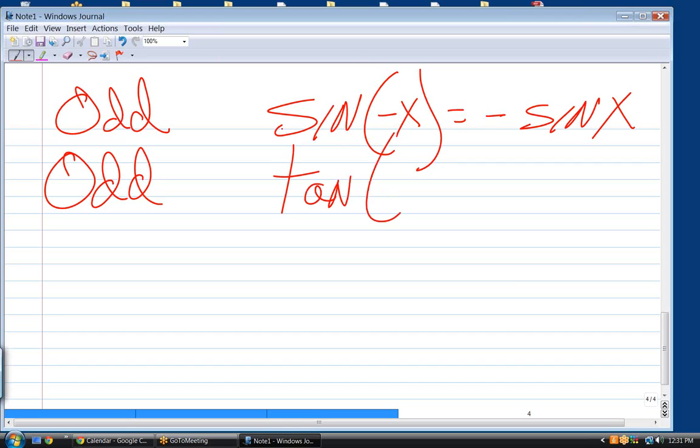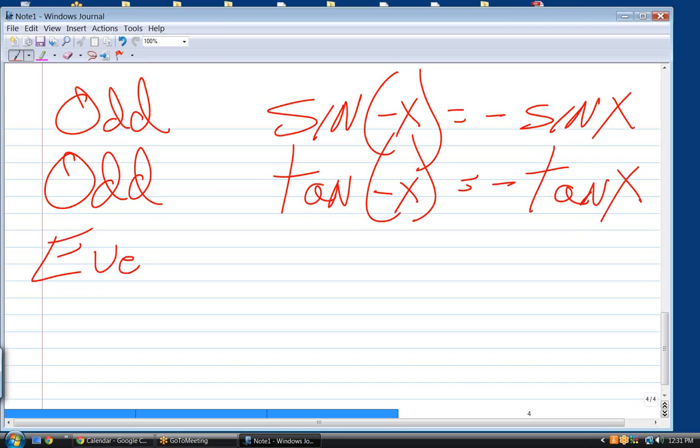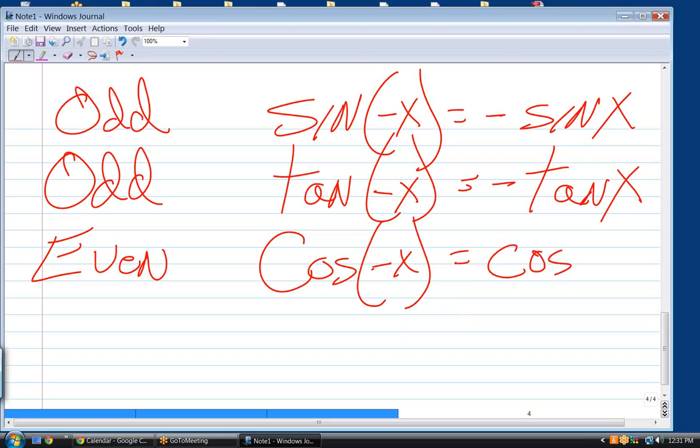And when I say sine and tangent, I also mean their reciprocals, so cosecant and cotangent are both odd. And finally, there is one even function that's a trig function, and that's cosine. And remember that when you have an even function, when you evaluate it at negative x, it's the same as positive x. See the difference in those three? Okay, so our problem was the sine of minus 30 degrees, right?